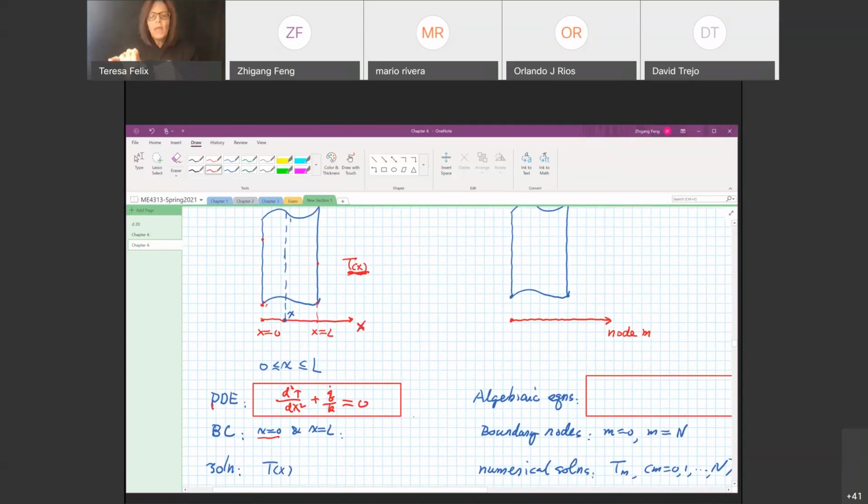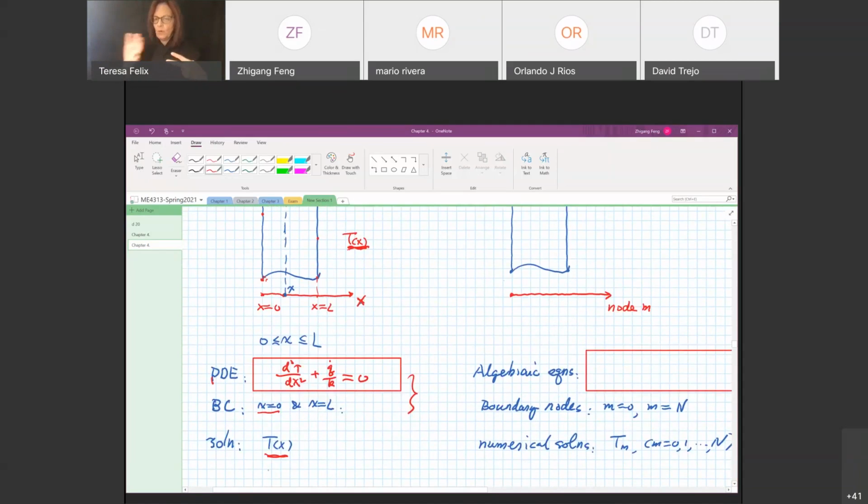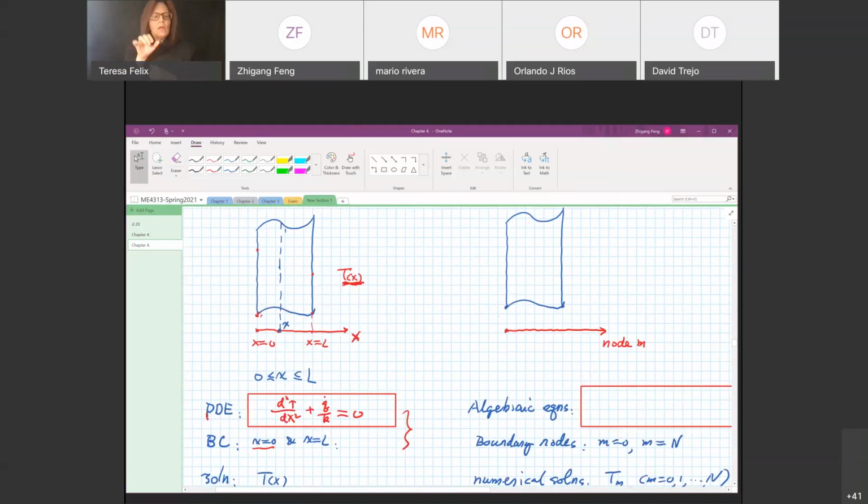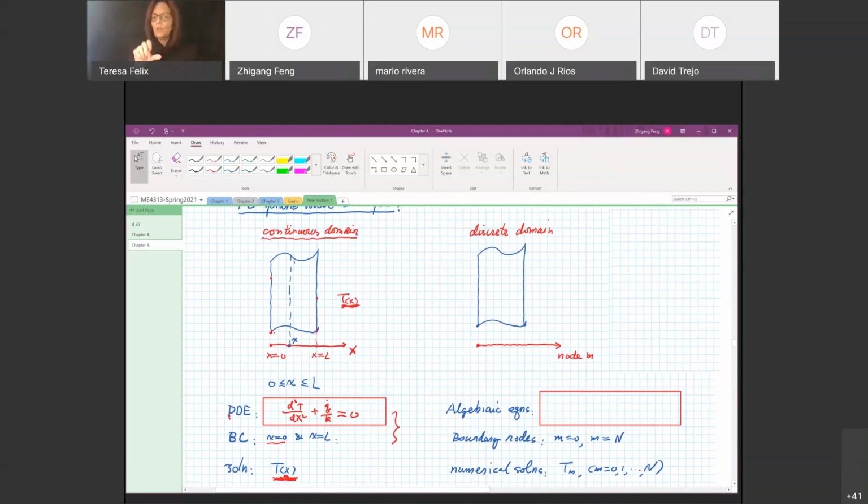Once we have the equation and the boundary conditions, we can solve for the temperature profile. This T is a continuous function, which means you can choose any x value, and I will give you the temperature at that x point. That's what we learned in the first 3 chapters.